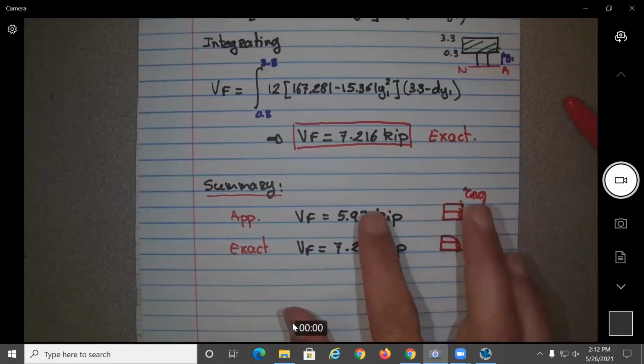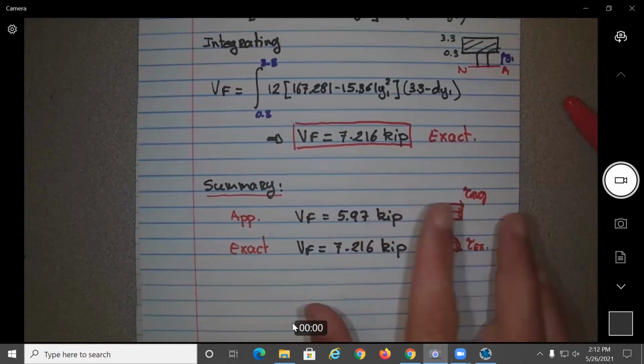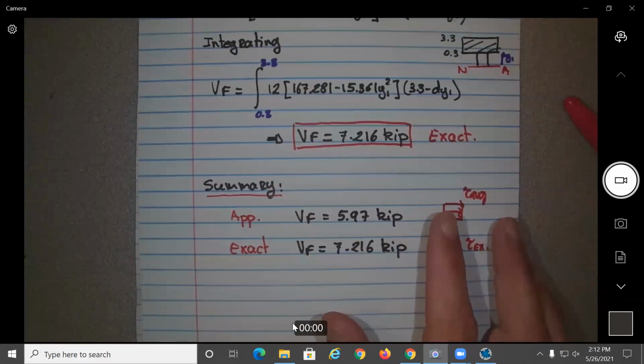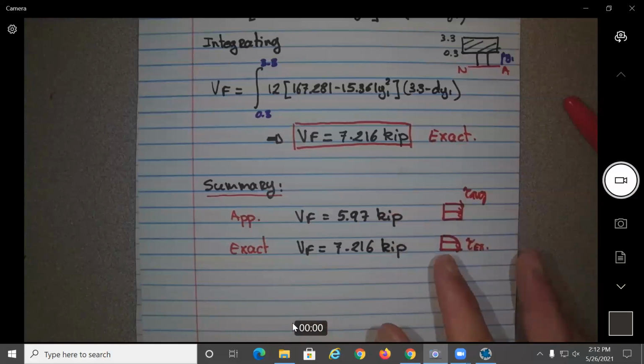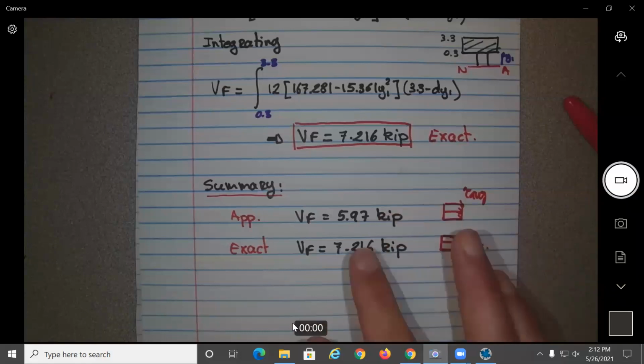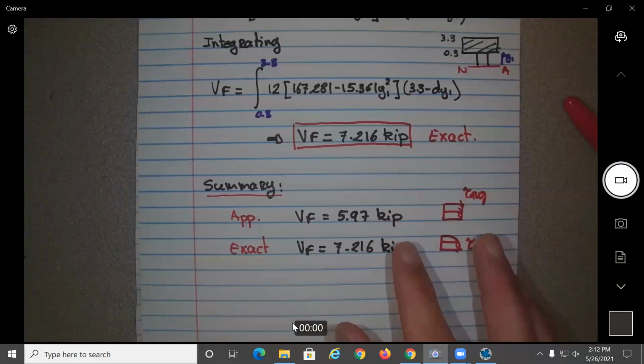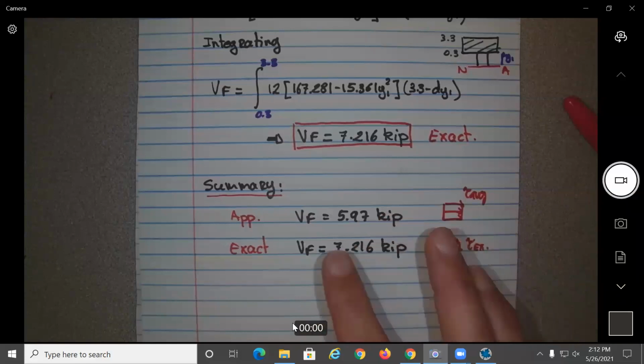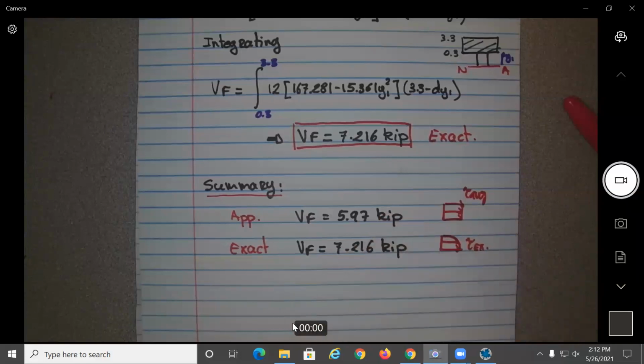They will use the average. But what happens if you want to compare to the finite element? The finite element will give you closer to this one, no? So if you want to be able to compare finite elements with hand calculations, you also need to know how to do the exact, which is something we'll be doing later.